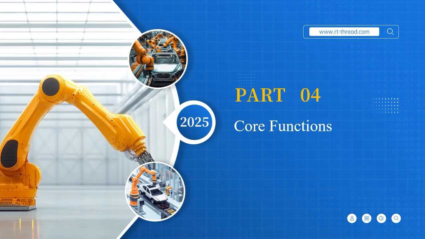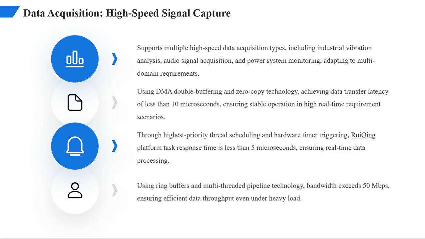Okay, part 4 covers our core functions in detail. The first is high-speed signal capture. Our high-speed data acquisition subsystem leverages ring buffers and multi-thread pipeline technology to achieve a bandwidth exceeding 50 Mbps.